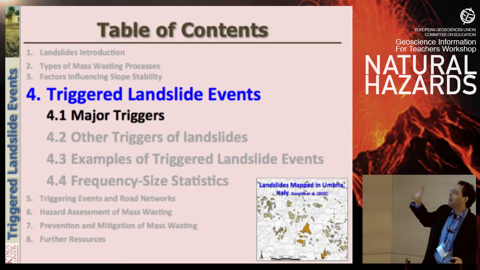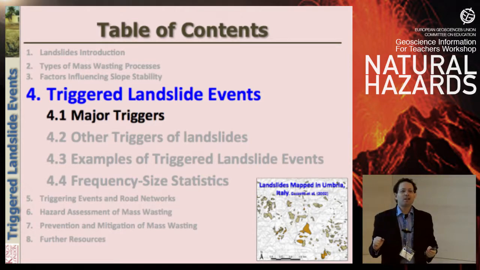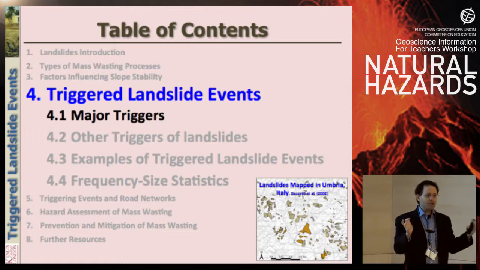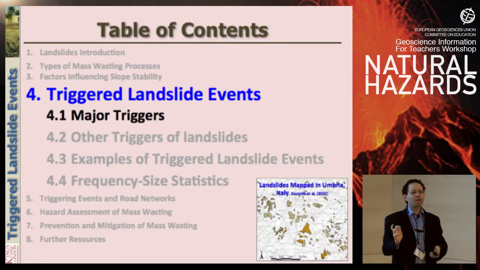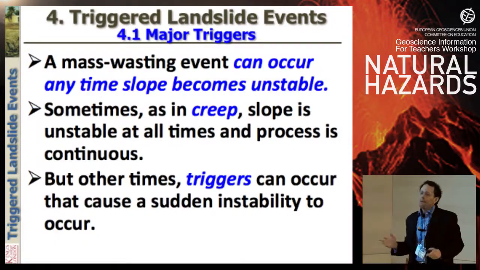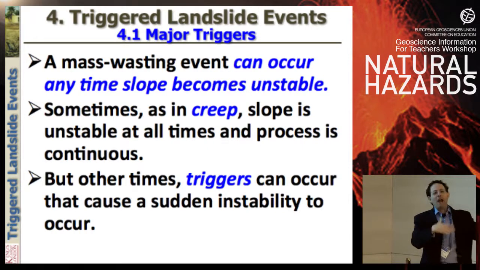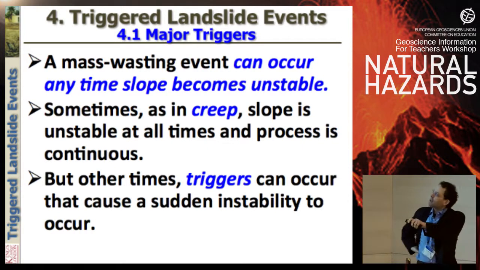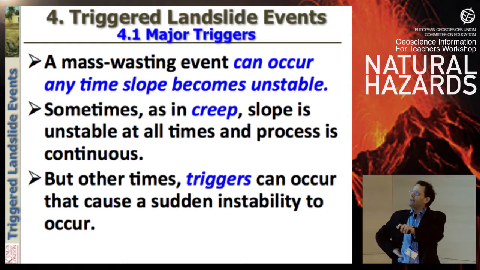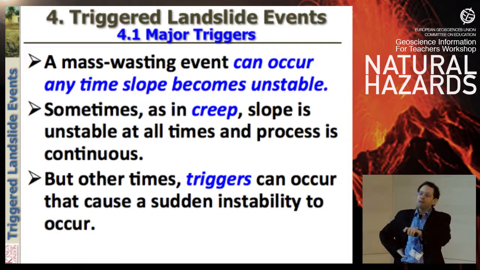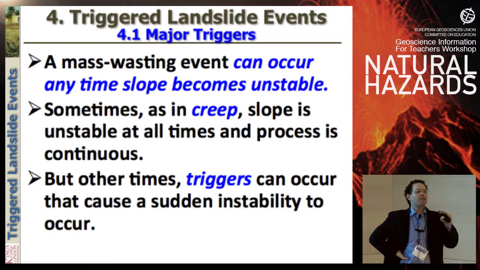Okay, coming back, let's move to triggered landslide events. The major triggers of landslides are basically earthquakes and rainfall. Now, a mass wasting event can occur anytime the slope becomes unstable. Sometimes, as in creep, it's always unstable.